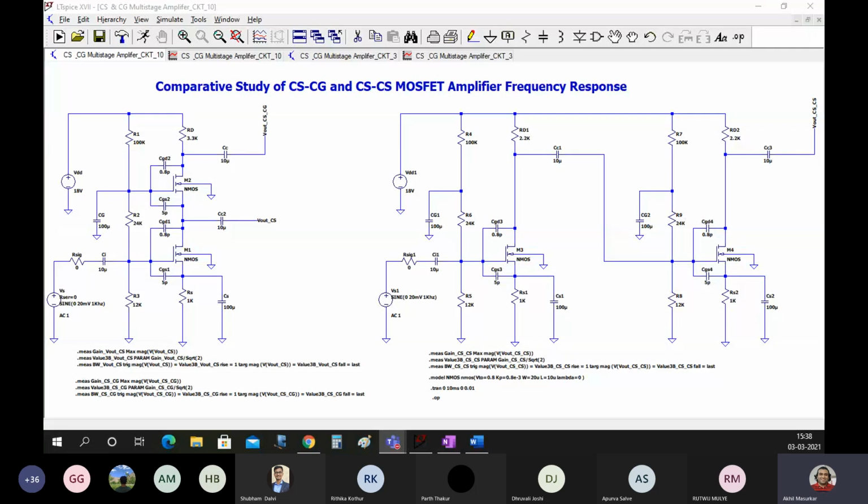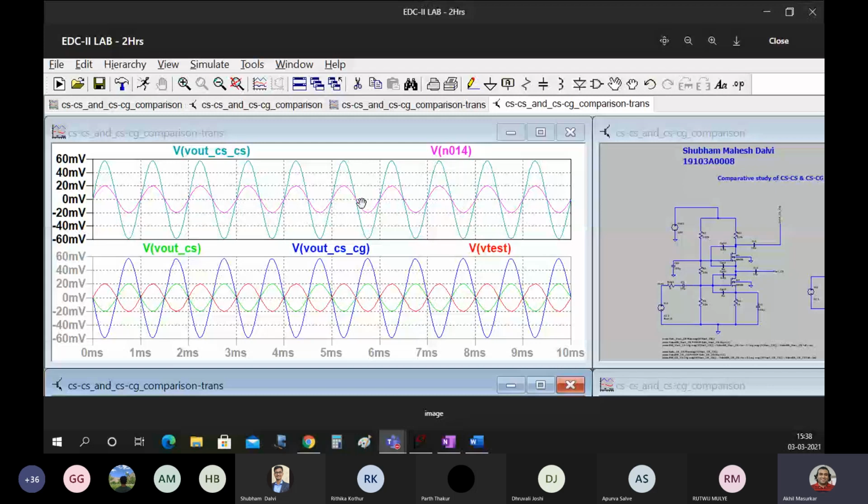So this is how we want. We want CS to be in one place and CSCG to be in another. Just for the record, Shubham, this V node 14, you know this node, no? You can name this node to something else.